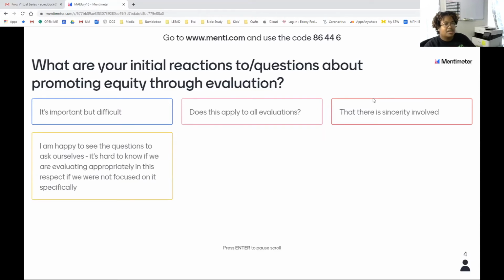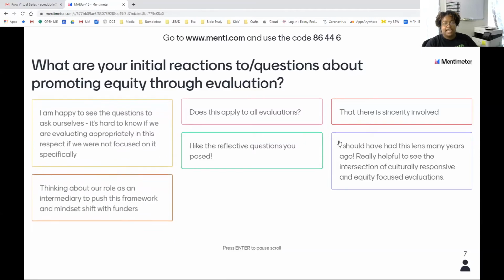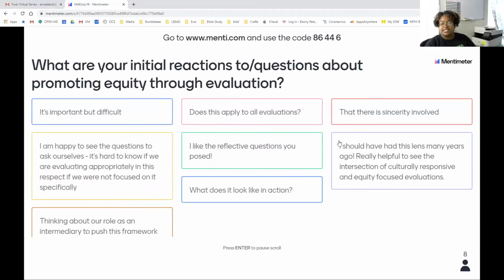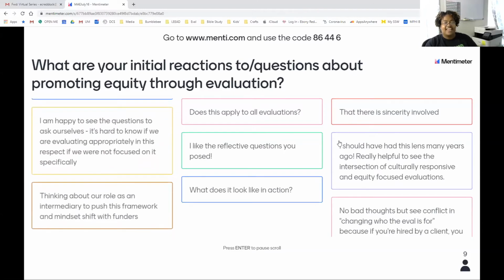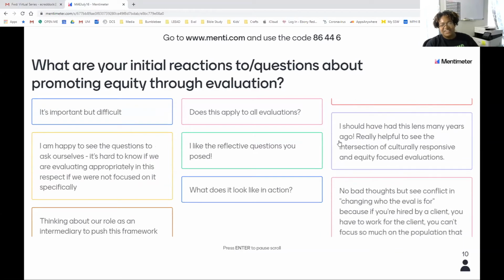I need to move my own little screen of faces. I'm happy to see the questions to ask ourselves. It's hard to know if we are evaluating appropriately in this respect. I like the reflective questions. I should have had this, amen to that. I should have had this lens many years ago. I felt the same way when I learned about it.